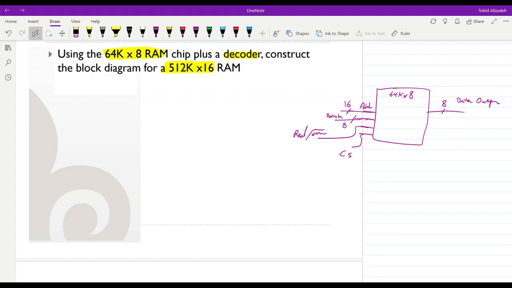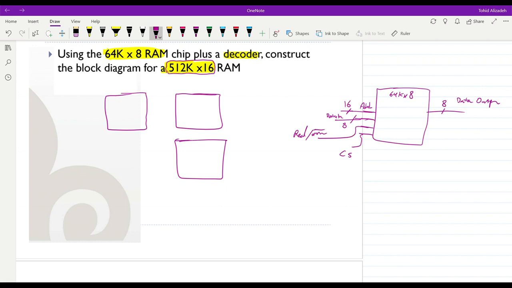So this is indeed our small 64K by 8-bit RAM memory, and we are going to use a given number of them in order to construct a 512K by 16 RAM. Since we want to increase the width 2 times, we are going to have the chips in 2 columns. In terms of the number of rows, we need to determine the number of elements that we want to have. 512K divided by 64K gives us 8.